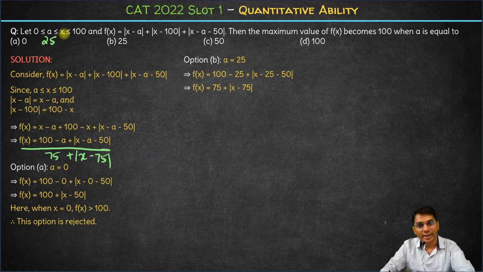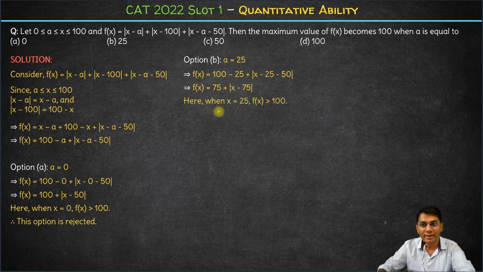Taking x equals 25, we get mod of 25 minus 75, which is minus 50. Mod of minus 50 becomes plus 50. So this becomes 50 and this is 75, so f(x) comes out greater than 100. Since f(x) is greater than 100 for x equals 25, the maximum value of f(x) is not 100, it's more than 100. Hence this case is also rejected.